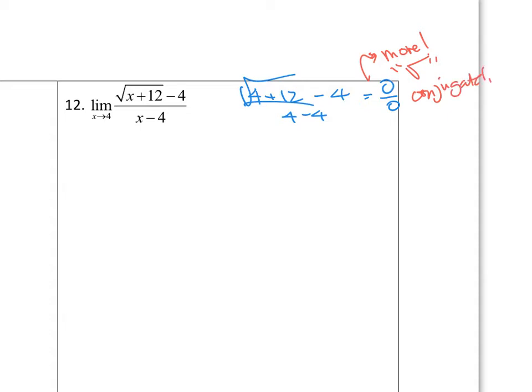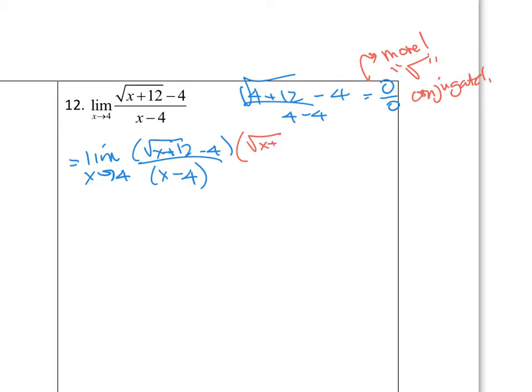All right, so that conjugate, remember, is the opposite sign. So first we have what we are starting with, and then we are multiplying it by the conjugate.